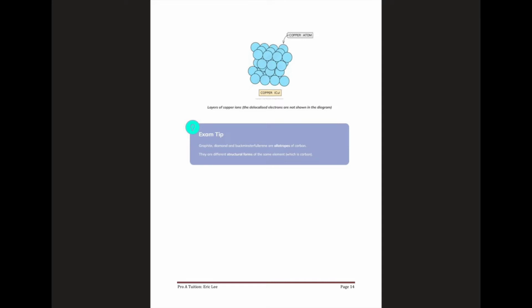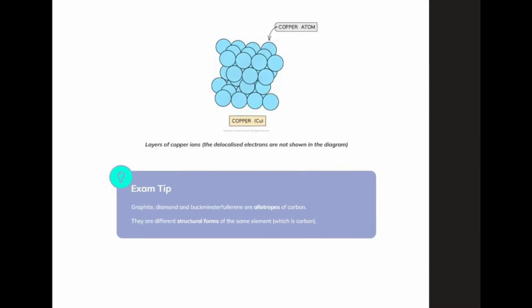You can see here layers of copper ions, and the delocalized electrons are not shown in the diagrams. Basically, it is Cu2+, not copper atom, it's copper 2+.